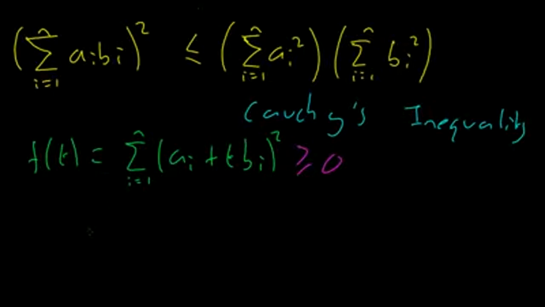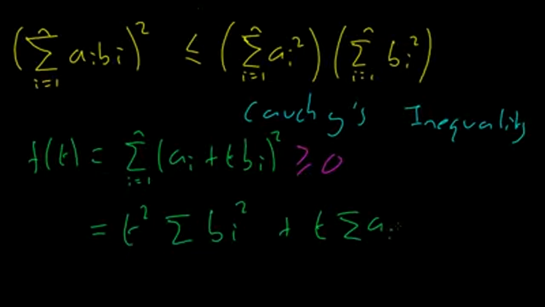So if we just expand this out here, we get that this is equal to t squared times the sum of bi squared, plus 2t times the sum of ai bi, plus the sum of ai squared.